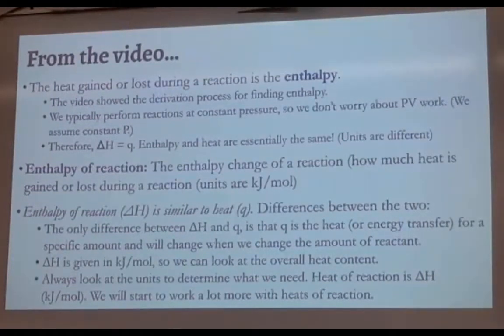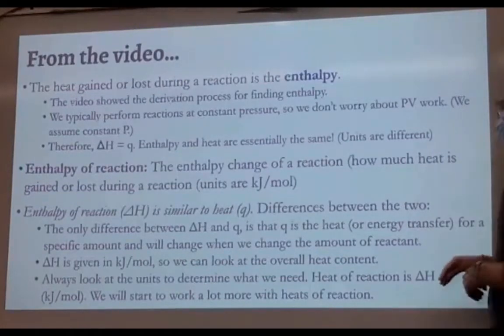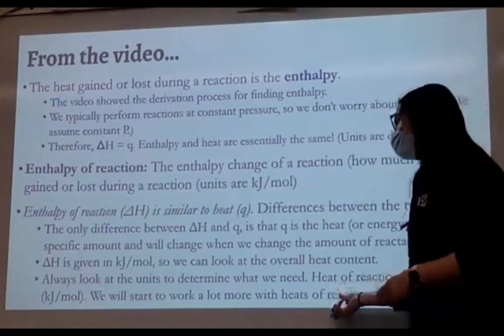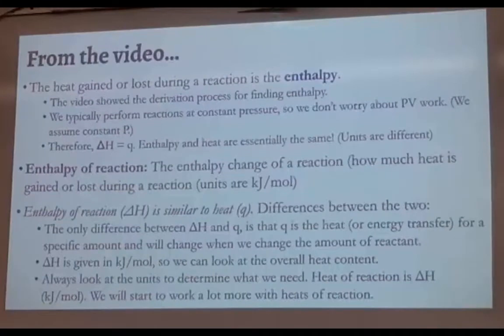So when we looked at the specific heat lab, you guys calculated Q for a specific amount of water and a specific amount of metal. Delta H is kilojoules per mole. So as long as we have the same reaction every time, delta H should be the same because it's kilojoules per mole. So when we're looking at calculating, we're always going to look at the units to determine what we need.